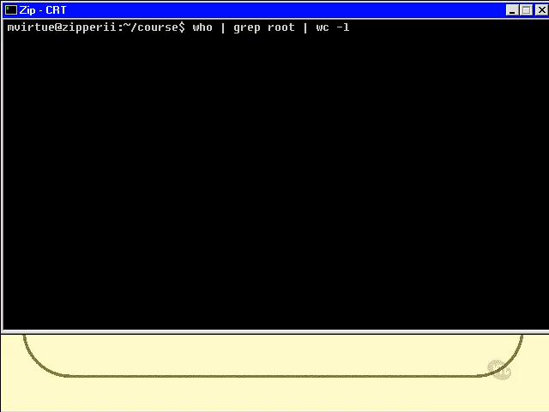So instead of seeing all the instances of root being logged in, I am now counting the instances and producing a number. And then I send the results of that to the program called lp, which is the line printing program. And so I'm using four programs to produce what I need, all piped together in one long continuous stream.